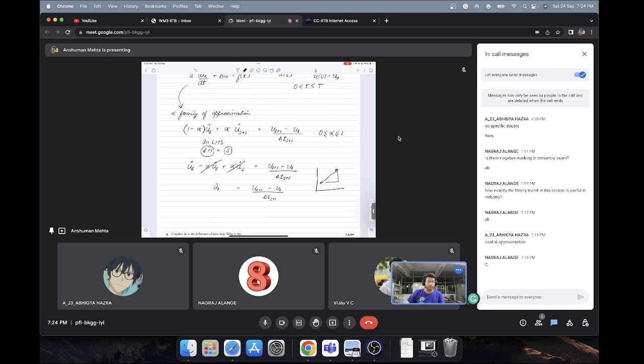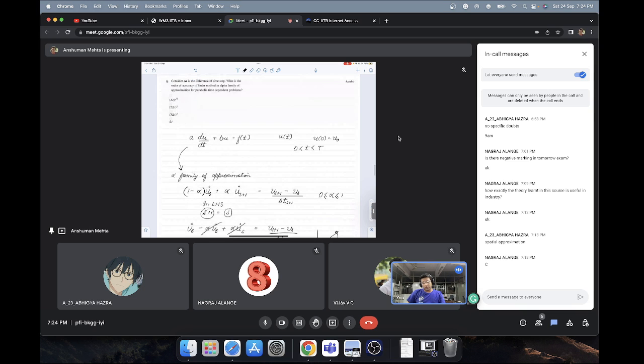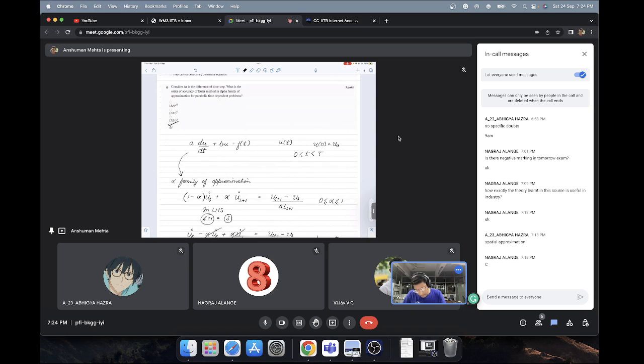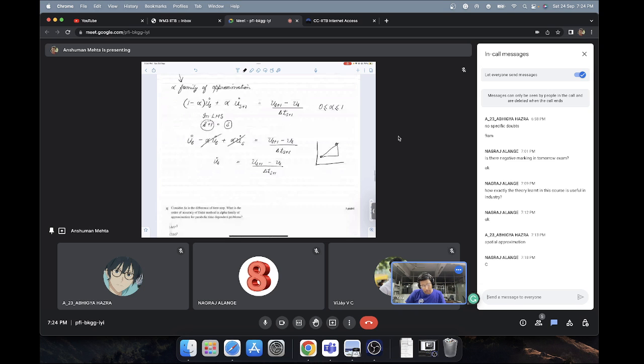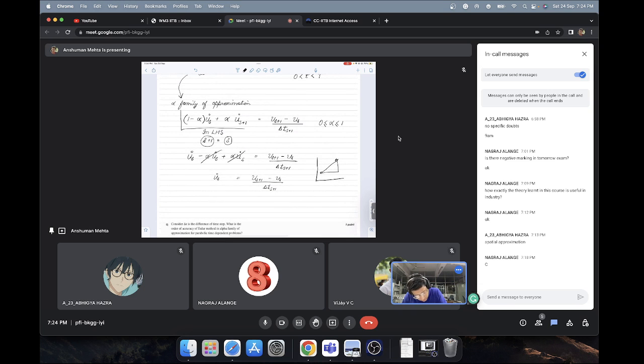Okay, so hence it's just delta t, and this is the formula of alpha family of approximation. Same thing is done for double derivative, and one more statement is there, u_(s+1) is equal to u_s plus delta t times u dot at s plus alpha.